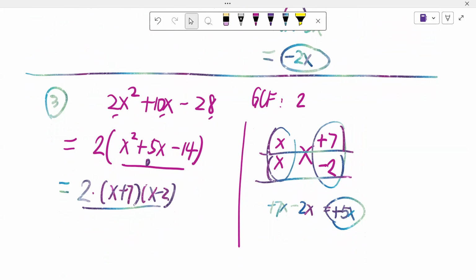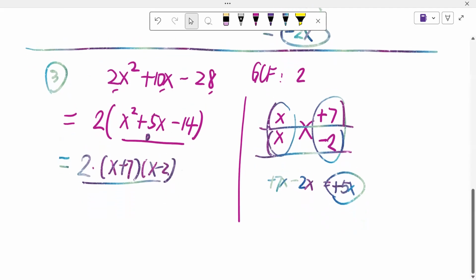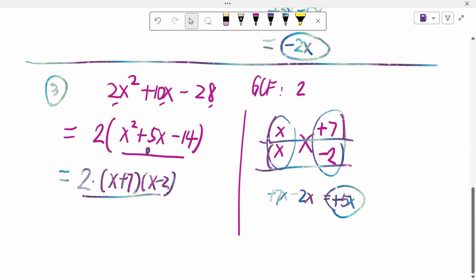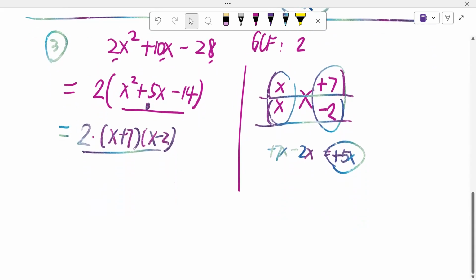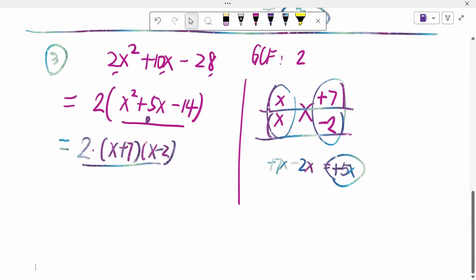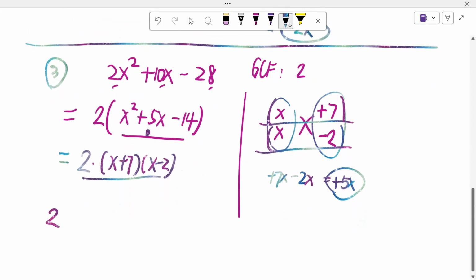To be honest with you, this is the easiest thing to do, or otherwise you can do this. All right, I'm gonna show you inside of this. The only thing is that that one is a lot more abstract. The other method the textbook teaches is this. So you're gonna do x squared plus 7x minus 2x minus 14.